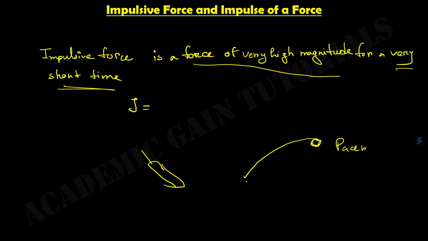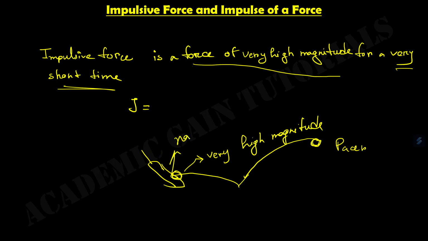Very high pace means very high magnitude, and when it touches the bat with that very high magnitude, it is applied for a very short time, like a nanosecond, because it just touches the bat and the ball goes in the direction the batsman wanted. So the time is very short, like a nanosecond.